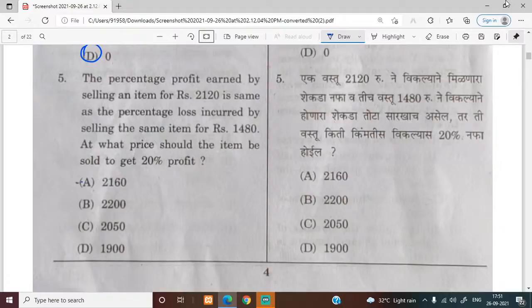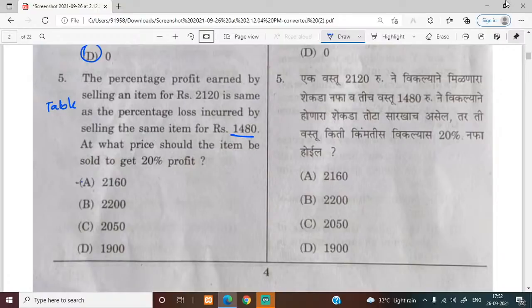Like if you talk about a table, by selling an item for 2120 rupees, you are getting profit. And the same item, if you are selling at loss, at the same loss percent, by selling it at 1480 rupees. So what price should the item be sold at so that it gains 20% profit?